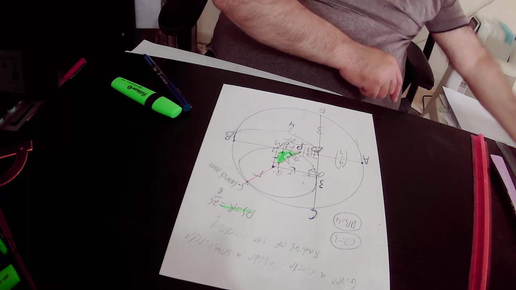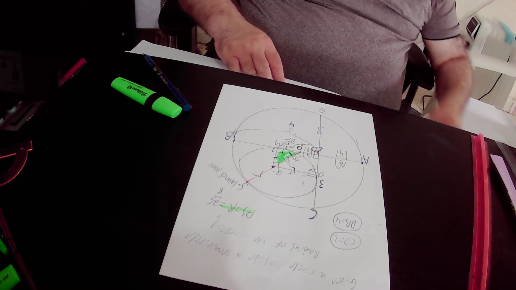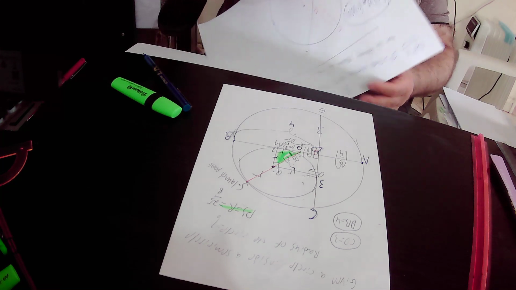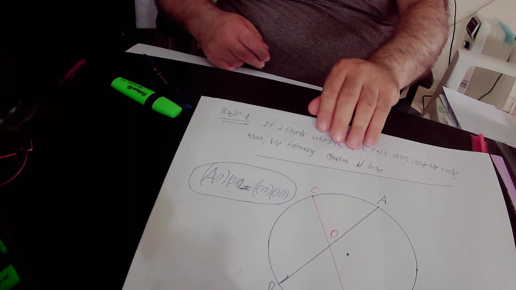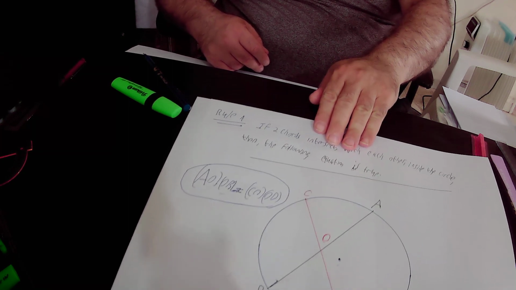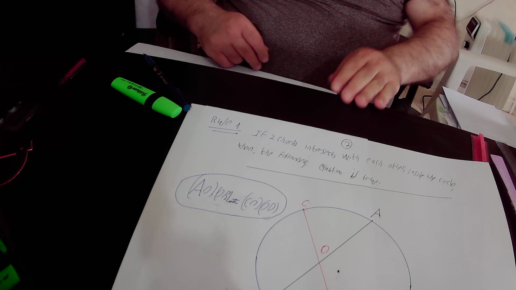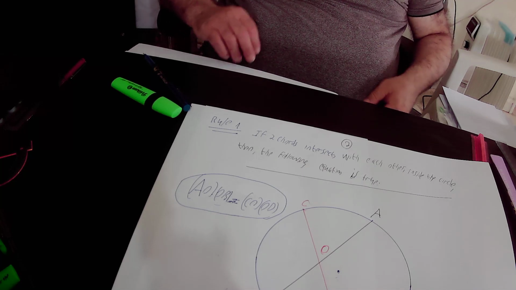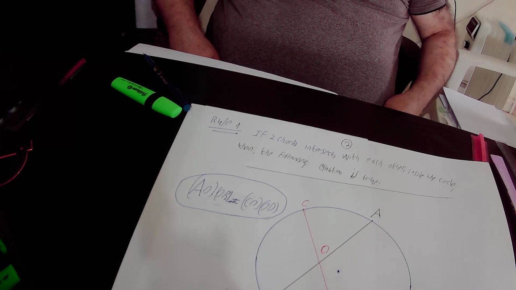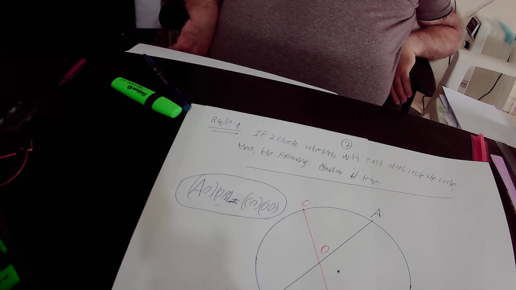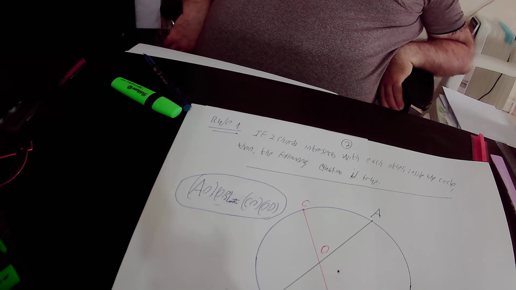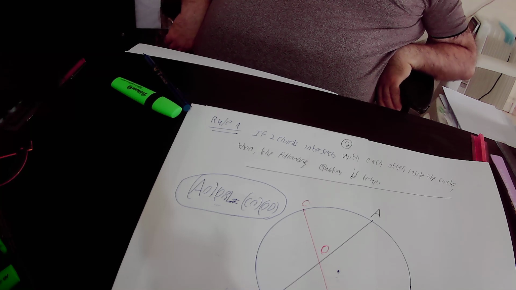Then, the next step, I presented to you a new rule, that is actually rule number 1. According to rule number 1, if two chords intersect with each other inside the circle, then the following equation is true.